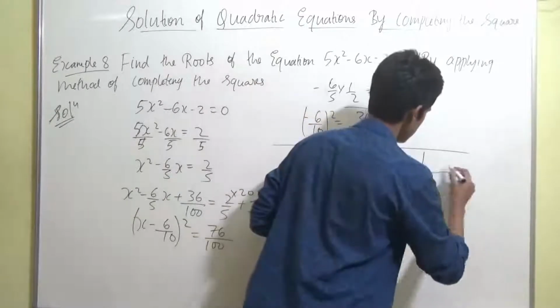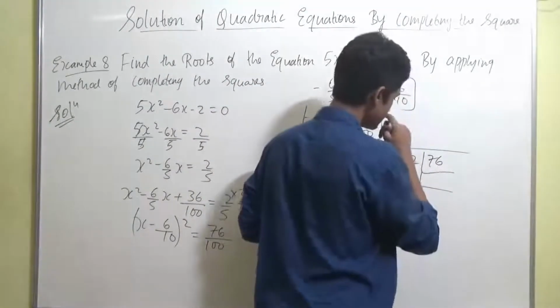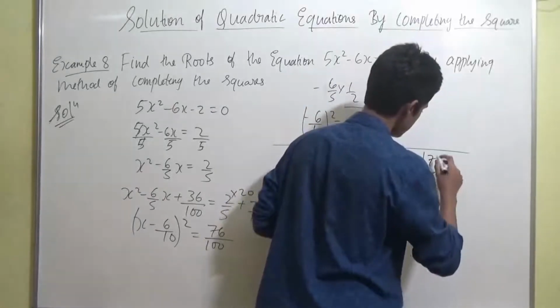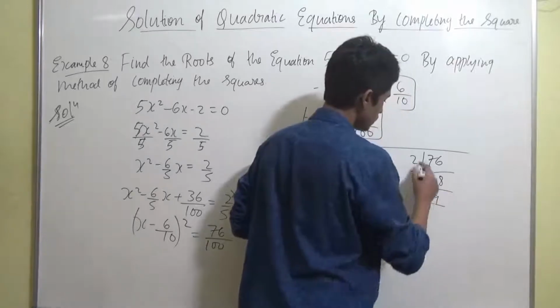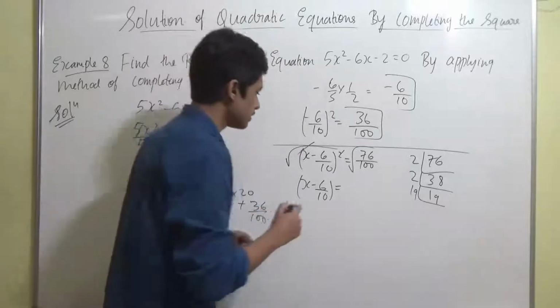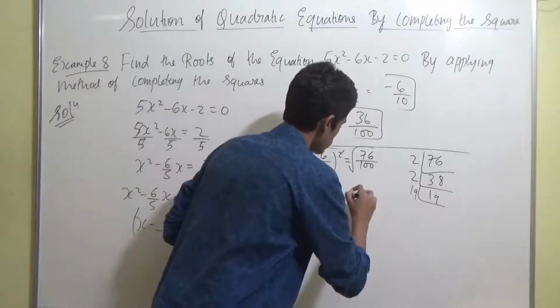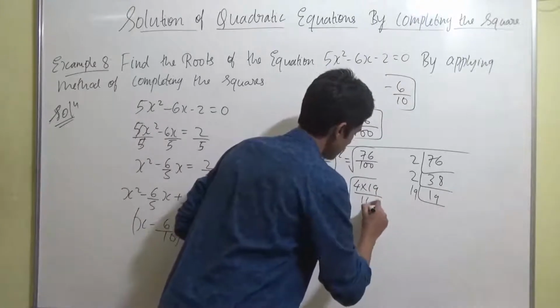See, for example, 76, we'll take the prime factorization. It will be by 2, that is 38, again by 2 if you do, we'll get 19. So it becomes like 4 into 19. Getting it, guys? So this becomes like root of 4 into 19 by 100.